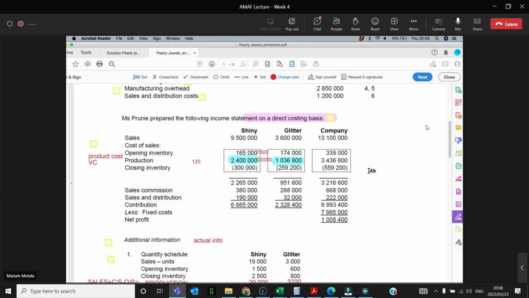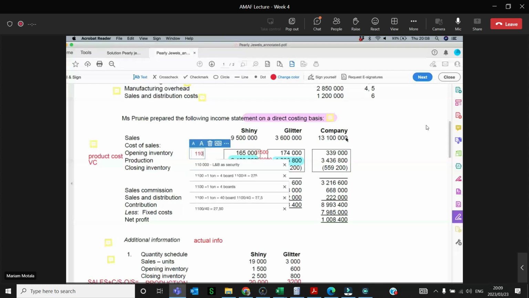Now, if you took the closing inventory, which was 2,500 units, and you took this 300,000 and divided by 2,500, you will notice that it is 120 rands per unit. Now, if the cost of production equals the value of closing inventory, and if you took the 165,000 rands and divided it by 1,500, what would you get? 110 rands.